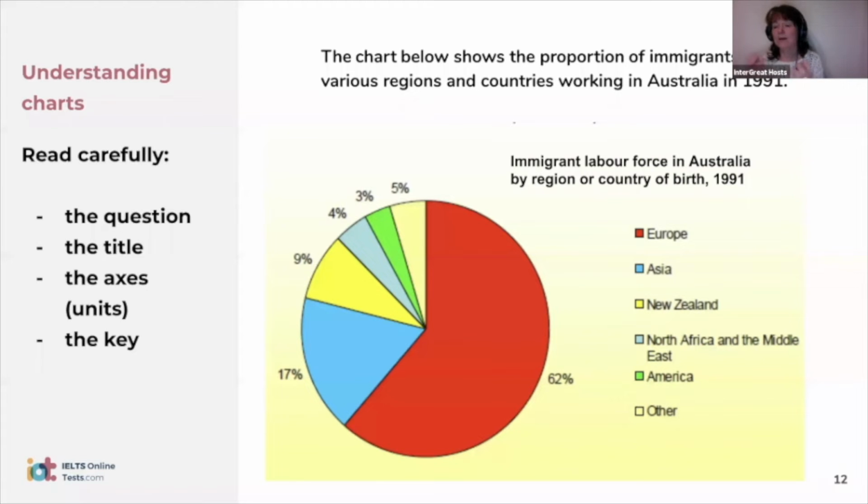What's our measurement? Okay, yes, in this case, we're using a percentage. Usually with a pie chart, it's a percentage, but it's not always. Okay, so we're going to be writing our answers using percentages. Okay, and what year are we talking about here? Okay, yeah, so 1991, so one year in the past. That's also very important to pay attention to.